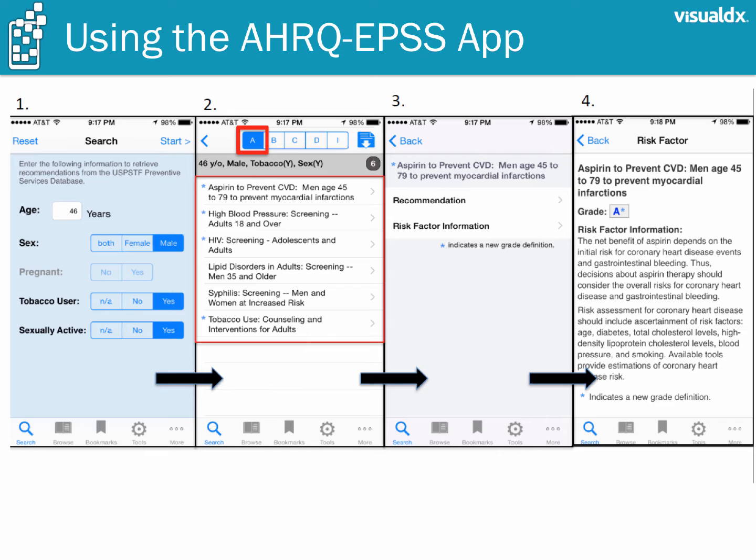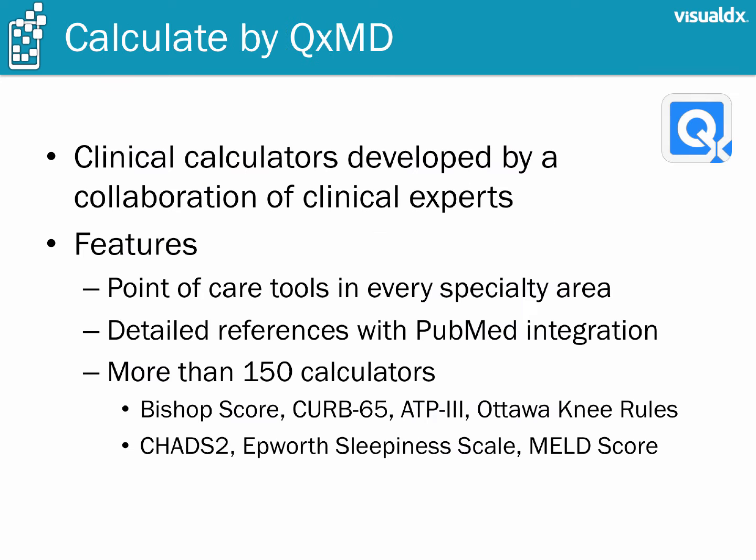So these are updated all the time, and oftentimes the U.S. Preventive Task Force is what I really use to help me in providing care. When you look at other apps that are available out there, there's a plethora of calculators out there, and one of them happens to be QxMD.